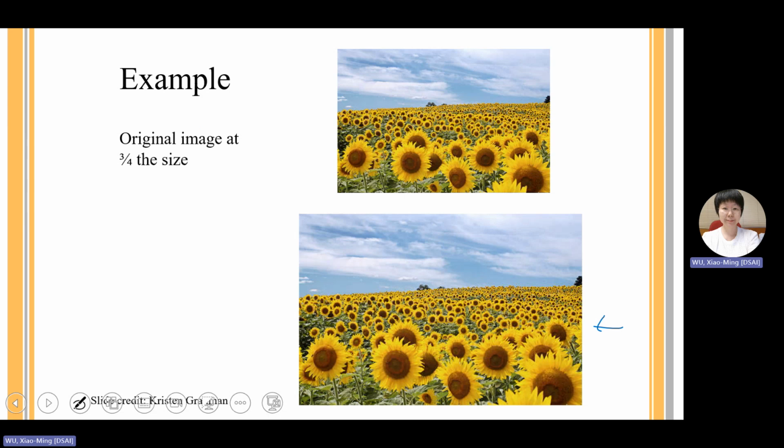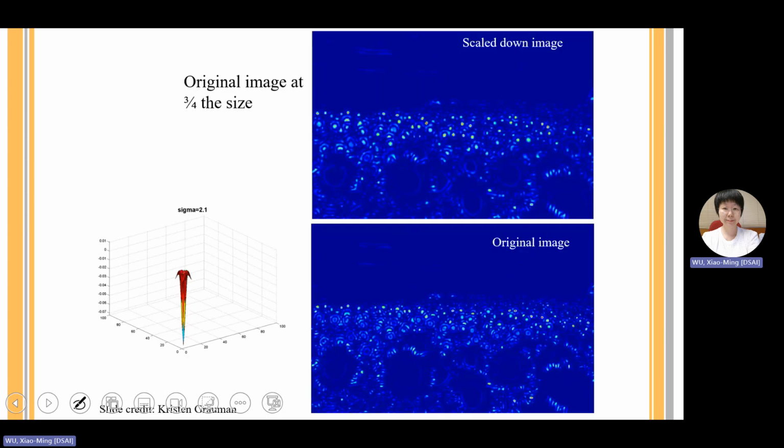You cannot just apply one filter and expect to identify blobs of different sizes, because a small filter can only identify tiny blobs.